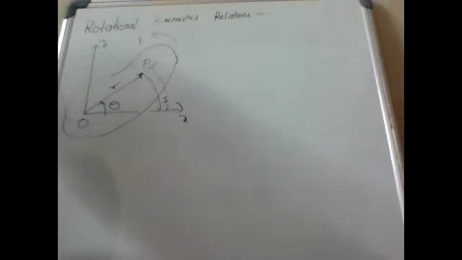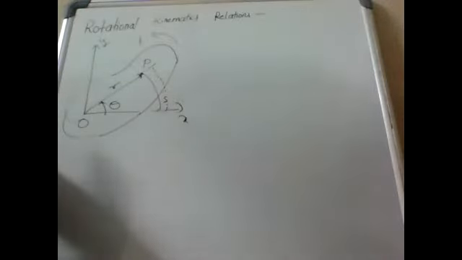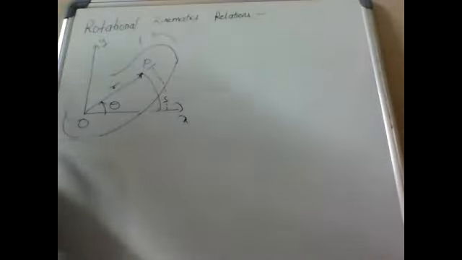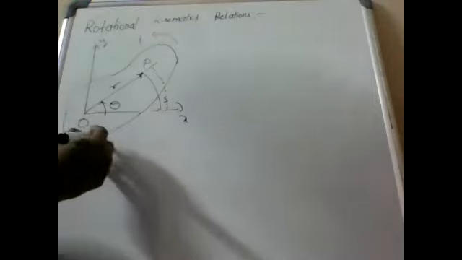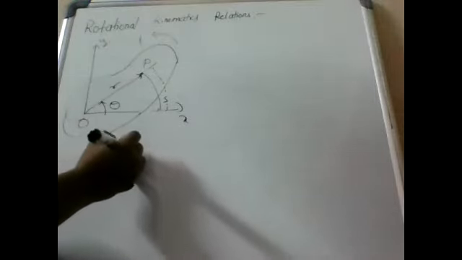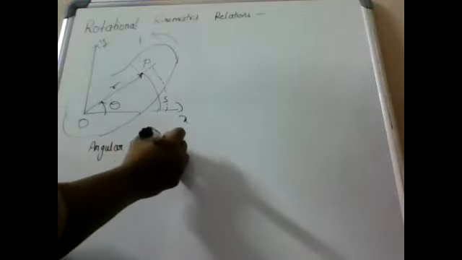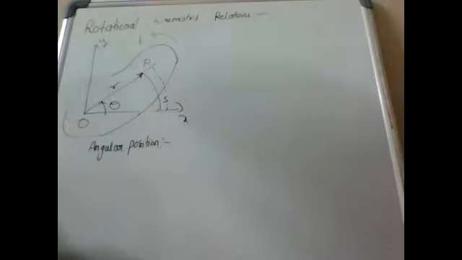For different particles in the rigid body, values of r and theta will be different. We have n number of particles in the total rigid body. So here, what is the angular position?